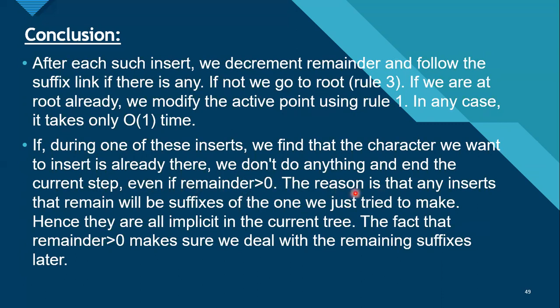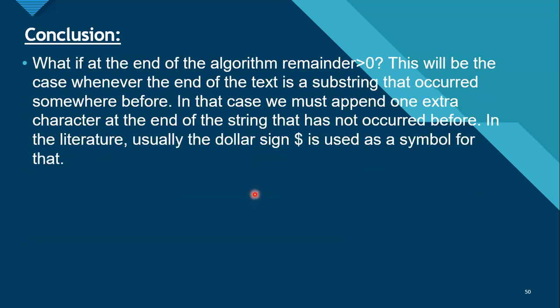The reason is that any insert that remains will be suffixes of the one we just tried to make. Hence, they are all implicit in the current tree. And the fact that the remainder is bigger than 0 makes sure that we will eventually deal with these remaining suffixes in the next steps.